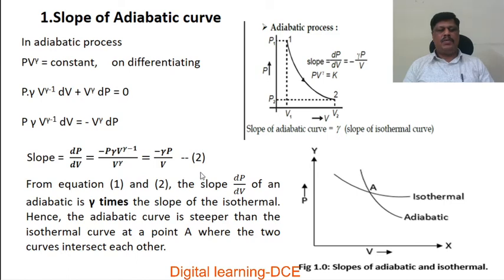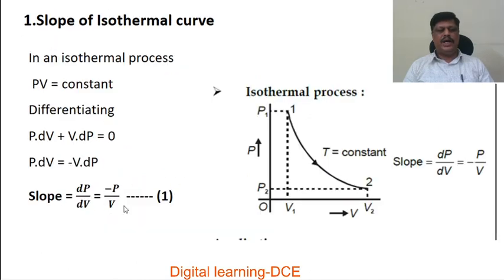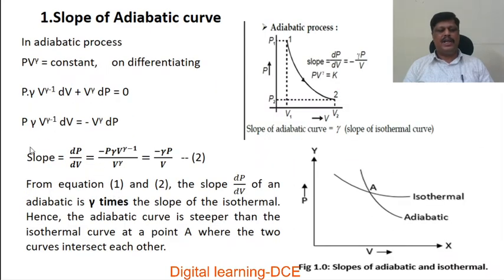From equations 1 and 2, equation 1 is the slope of the isothermal curve, dP by dV is equal to minus P by V only, whereas the slope of the adiabatic curve is minus gamma P by V. Substituting for minus P by V as the slope of the isothermal curve, we get that the slope dP by dV of an adiabatic curve is gamma times the slope of the isothermal.